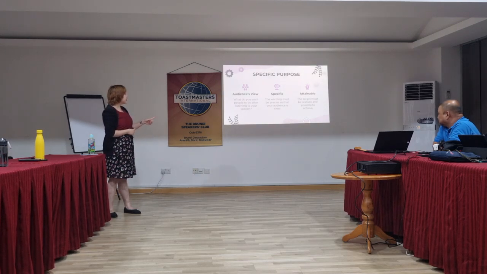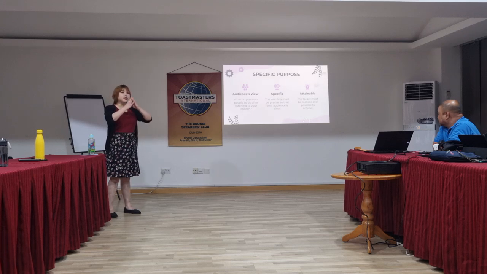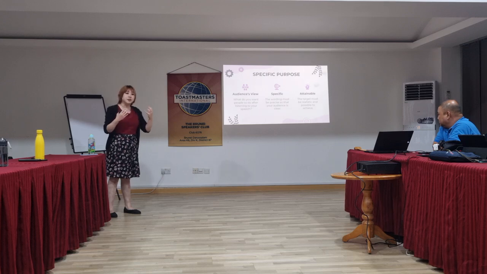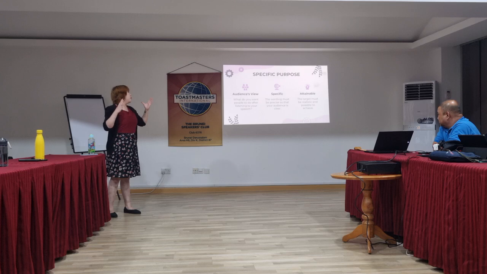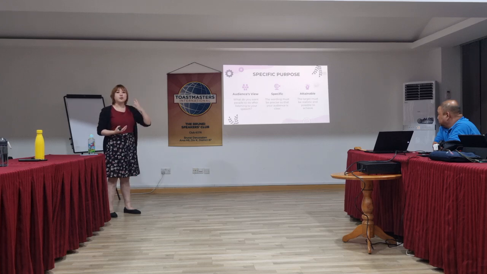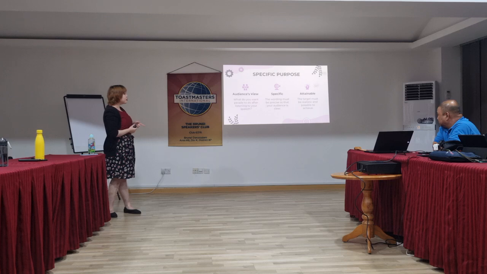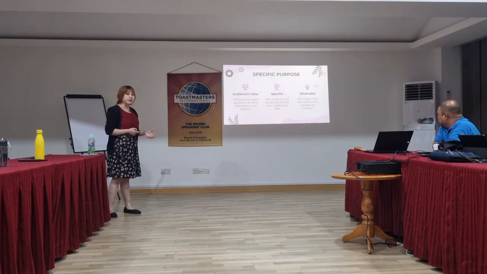And second, the thing that you want them to do must be very specifically stated. You cannot leave any room for error, for misinterpretation, for miscommunication, or for mistakes, because then you might not have achieved your purpose if they didn't understand what you're saying. And thirdly, attainable. The target must be realistic and possible to achieve.